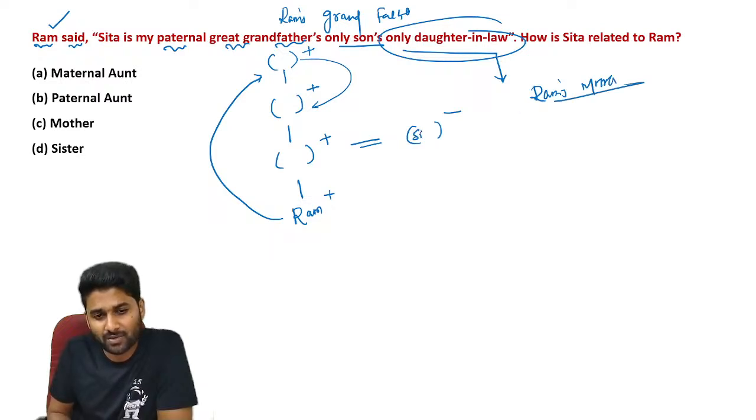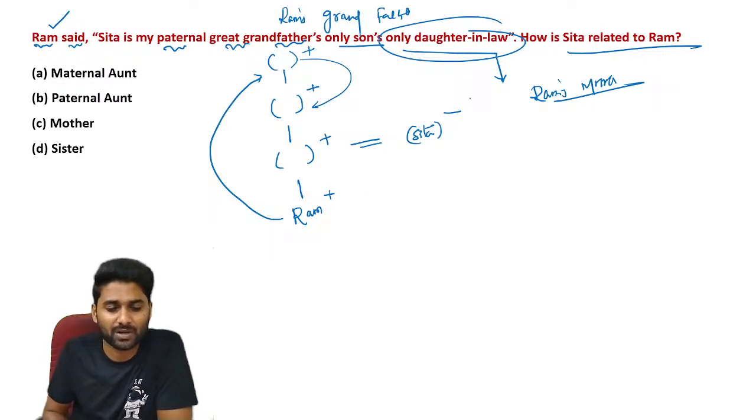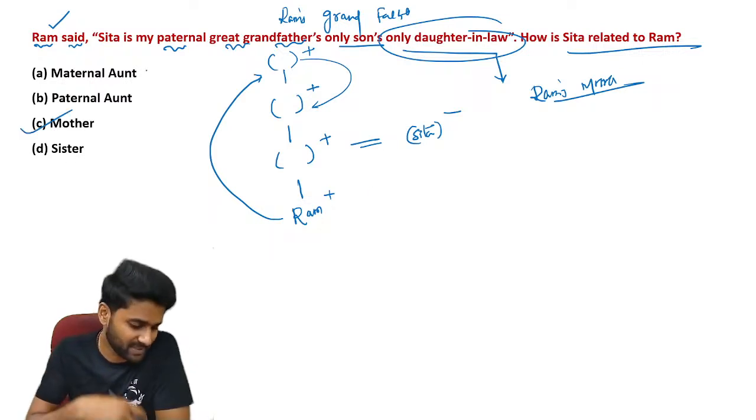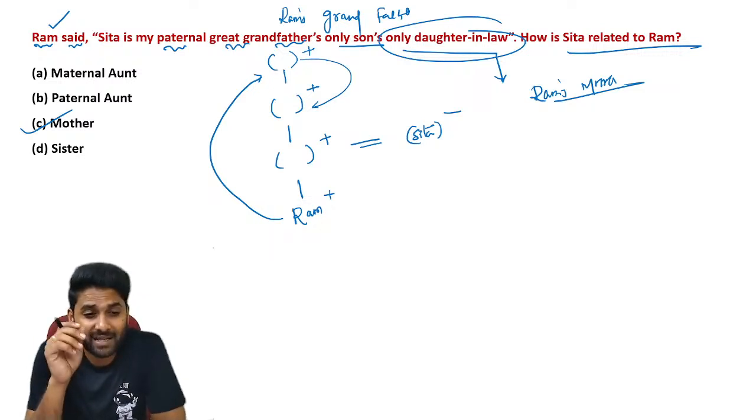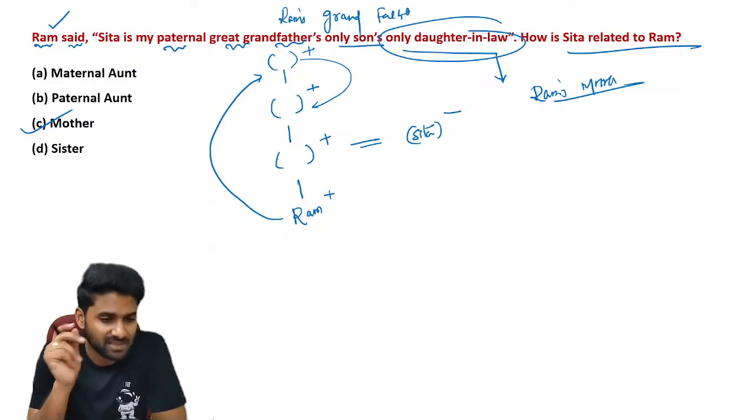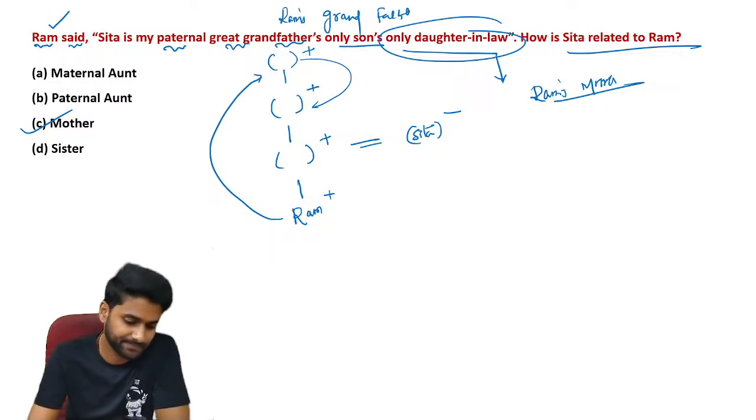So we can conclude that you can replace that person by Sita. Now the question: how is Sita related to Ram? Sita is Ram's mother. Paternal grandfather's only son's only daughter-in-law means Ram's mother, and that person's name is Sita.